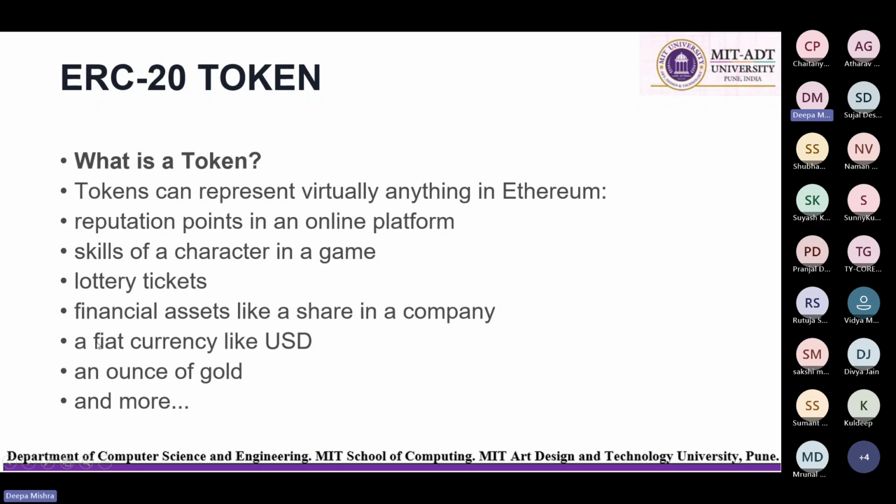It can be financial assets like shares in a company, or it can be directly a currency like USD or Ether or any other. It can be some measurement of gold and many more. Anything that you want to store on the blockchain can be represented as a token. Okay, so this is just a general definition of what is a token.